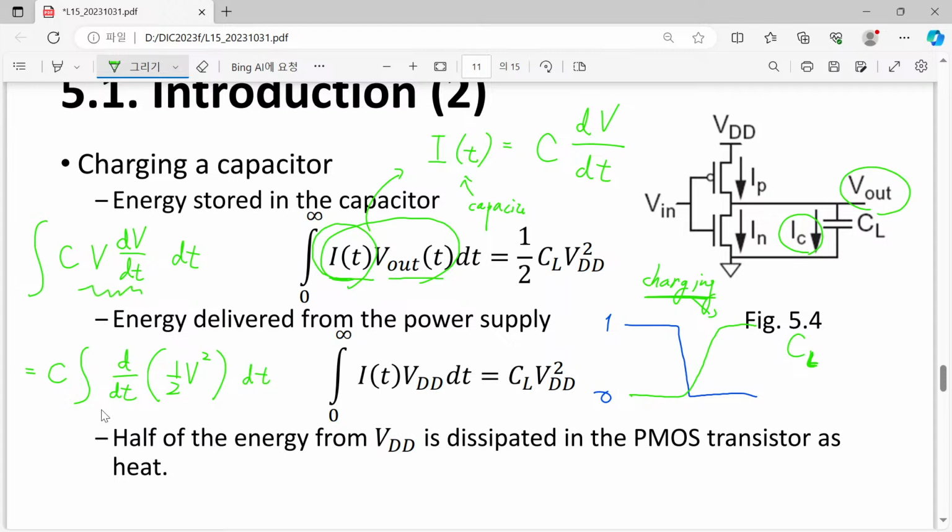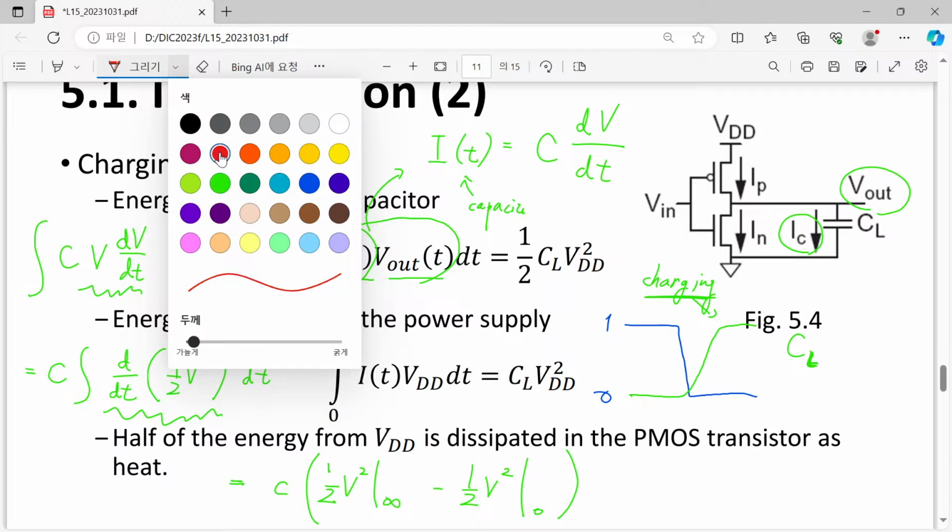This is corresponding to this. So simply speaking, now our result will be C times half square V evaluated at one time instance and another time instance. So what is the ultimate value of our output voltage in this case?